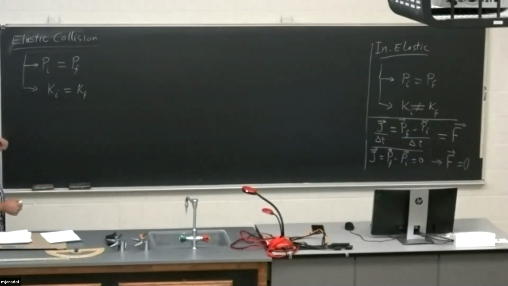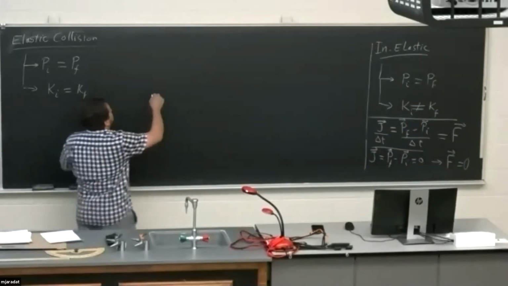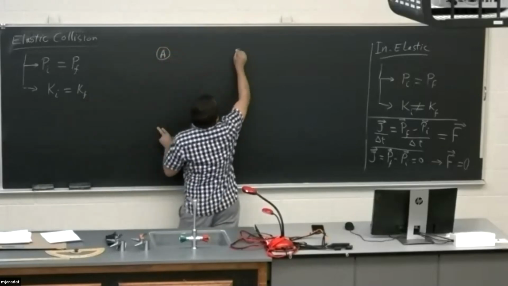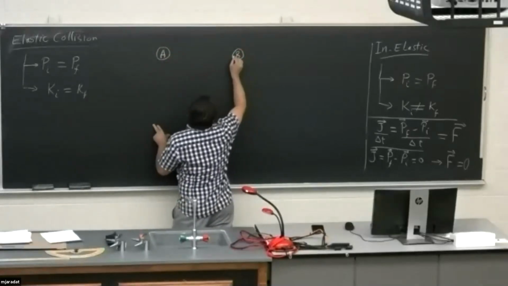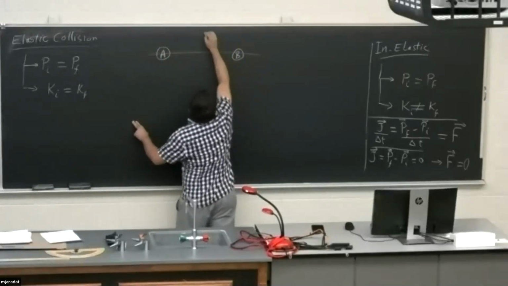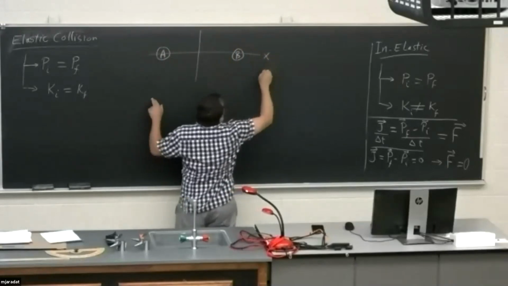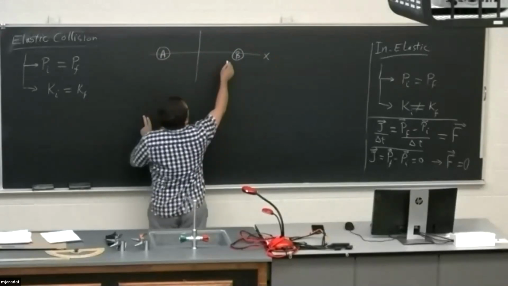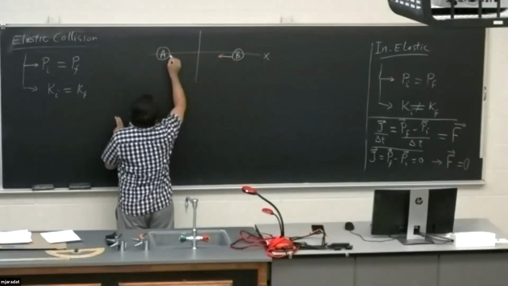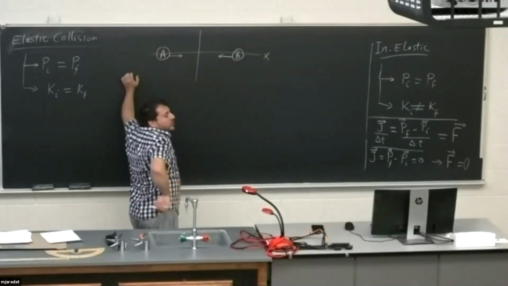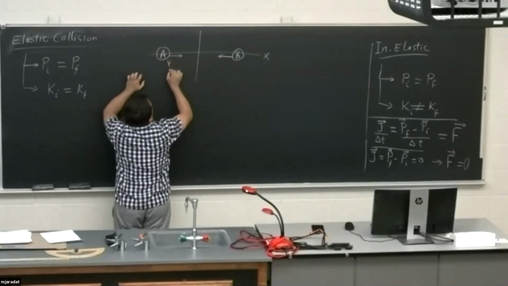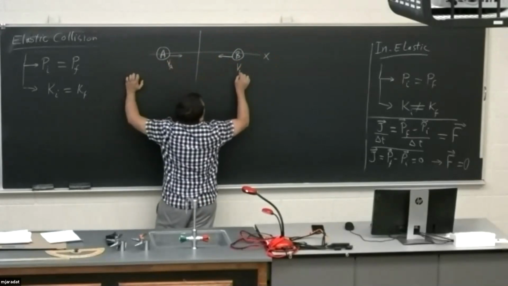Okay. Now, if we have 2 objects, A and B, and we have the XY plane, I will assume they just move in the X direction. B is moving in the negative X direction, and A is moving in the positive X direction by VA, and this is by VB.